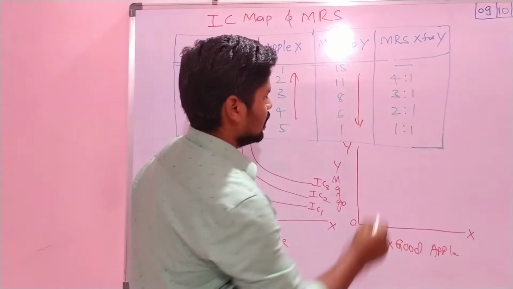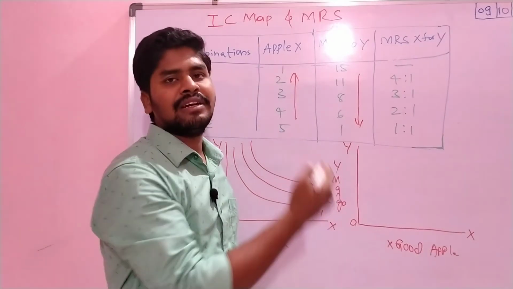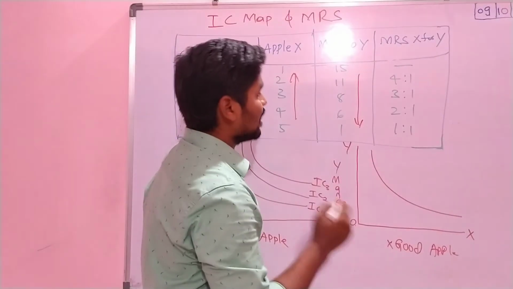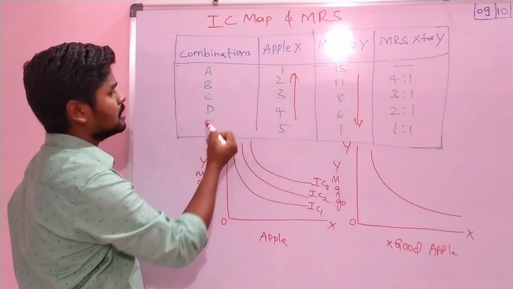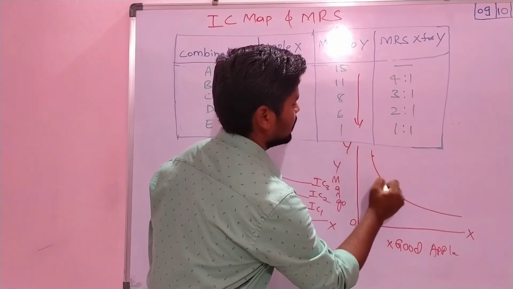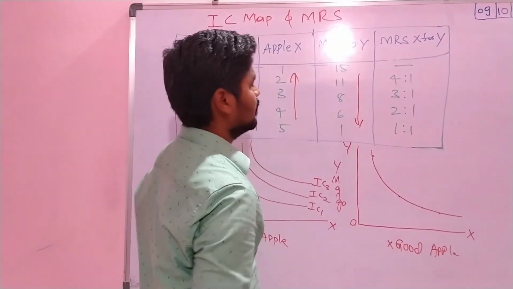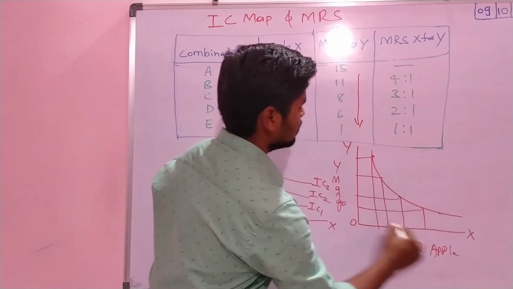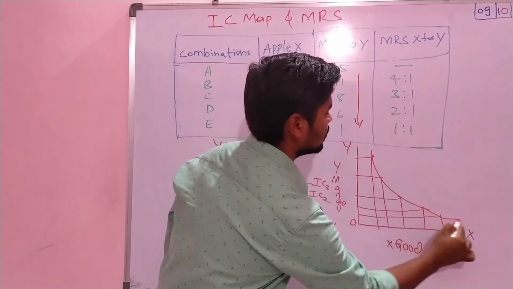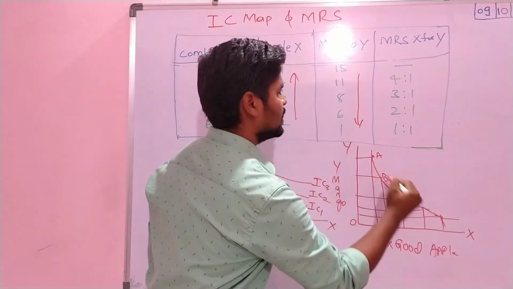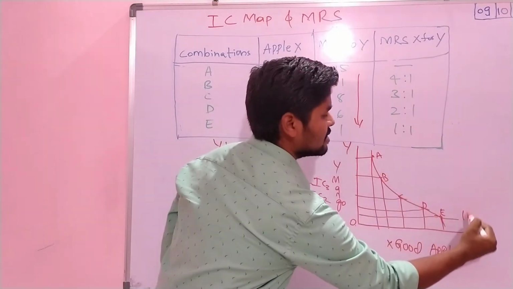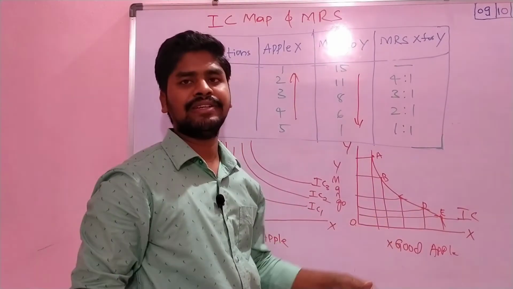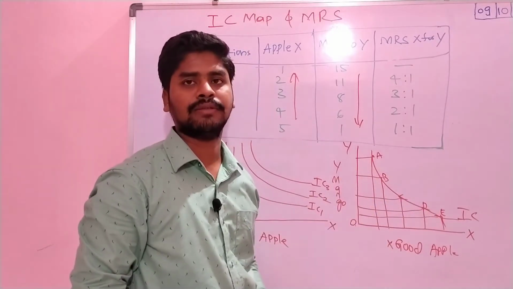We can draw the indifference curve with different combinations A, B, C, D, E. All of these combinations give the same level of satisfaction, and that is one indifference curve.